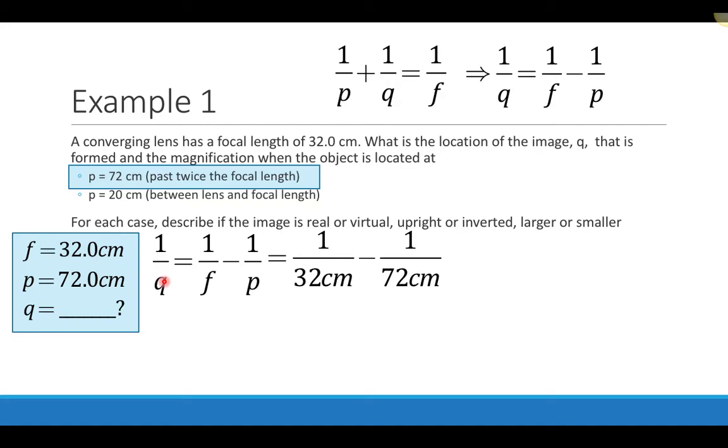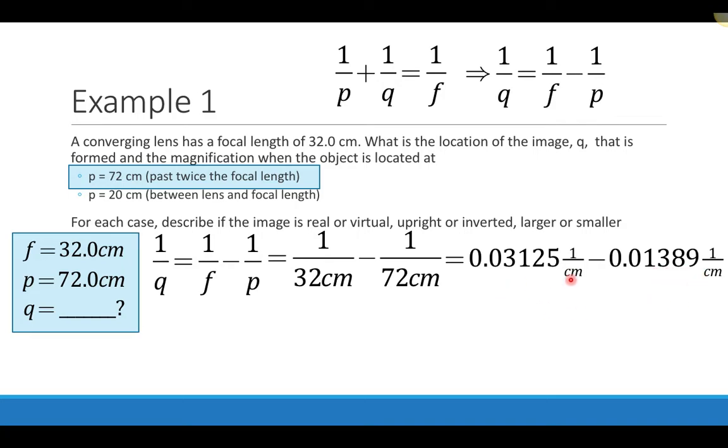So 1 over the image distance is 1 over the focal length, which is 32, minus 1 over the object distance, which is 72. I put into my calculator 1 over 32 and 1 over 72. If I put in 1 over 32, I get 0.03125, and the units are 1 over centimeters. If I put in 1 over 72, I get 0.01389.